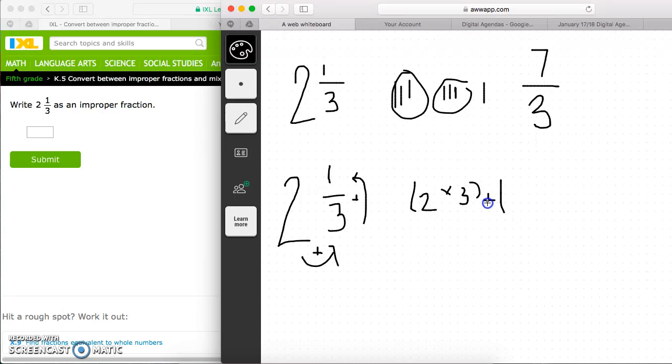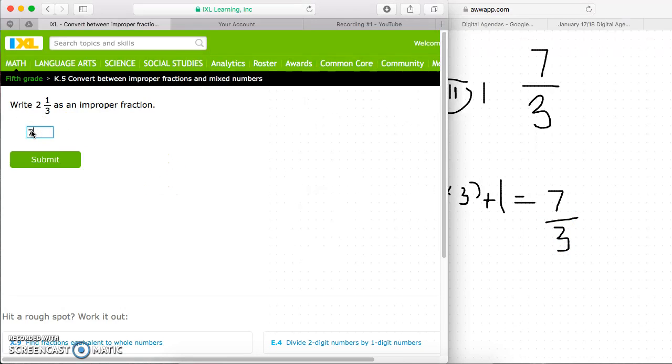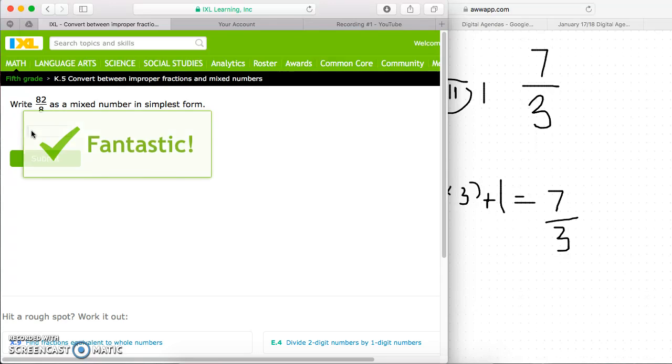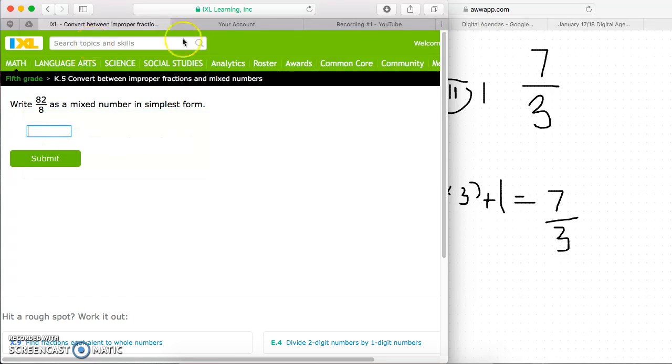Oh my goodness, that looks crazy. Okay, 2 times 3 is 6, plus 1 is 7. My denominator does not change. It still takes 3 pieces to make one whole. Again, numerator over denominator. There you are. That is how to do it. Enjoy.